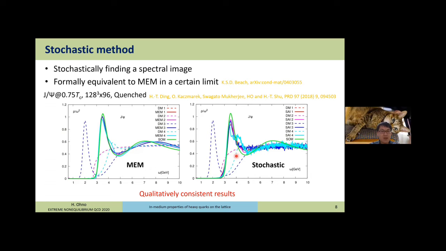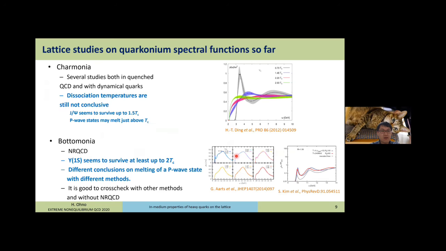Anyway, then here we show some progress of the extraction of the spectral function from lattice QCD calculations.